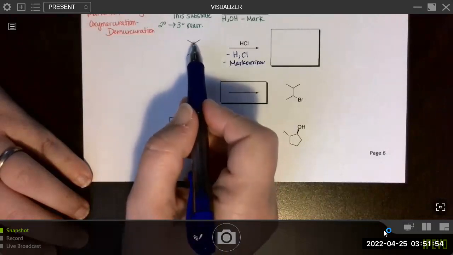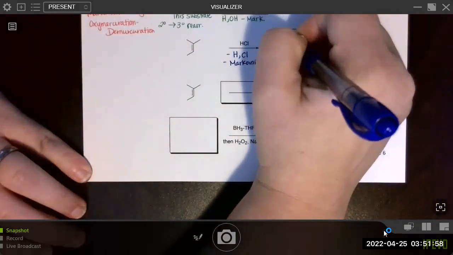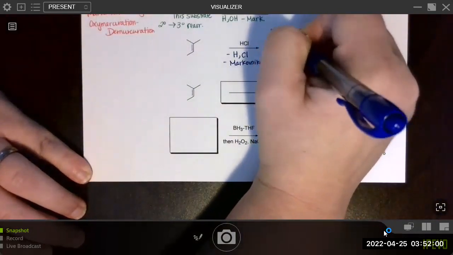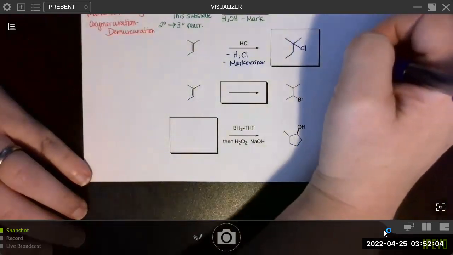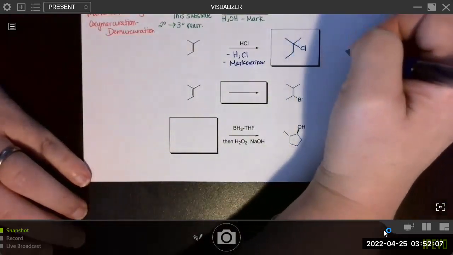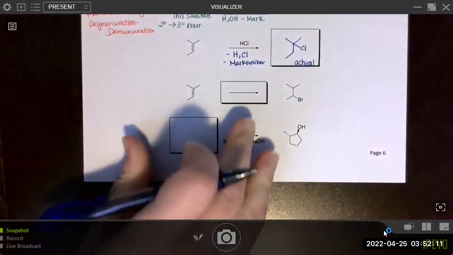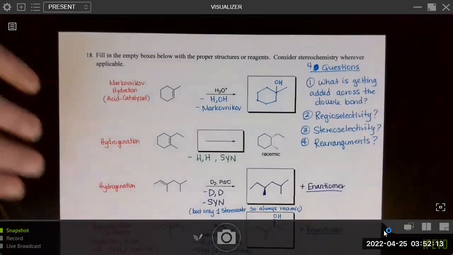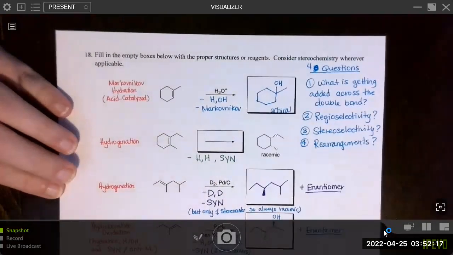The chlorine will go here, and that will not be a stereocenter. You can just draw it like we see it with the chlorine there, right? This one is achiral, just like this one up here was achiral.